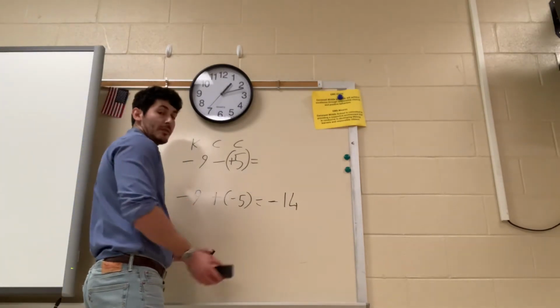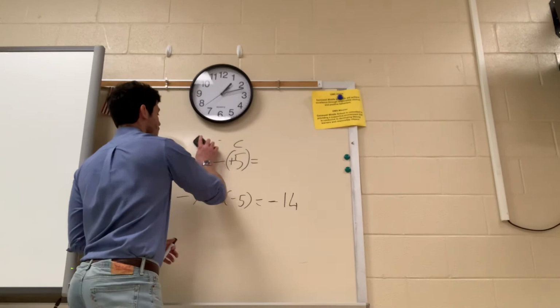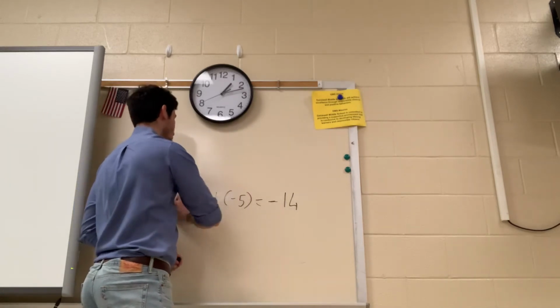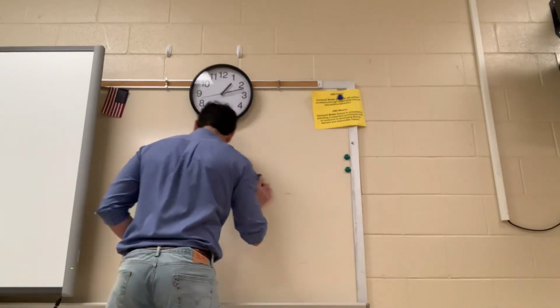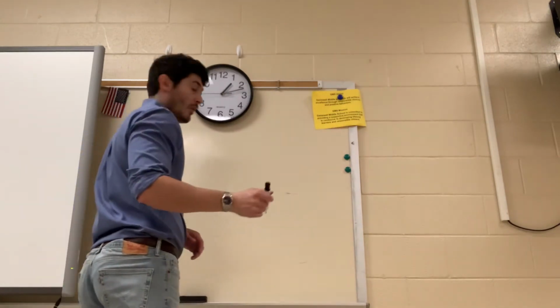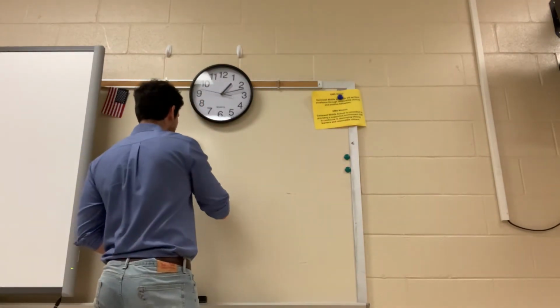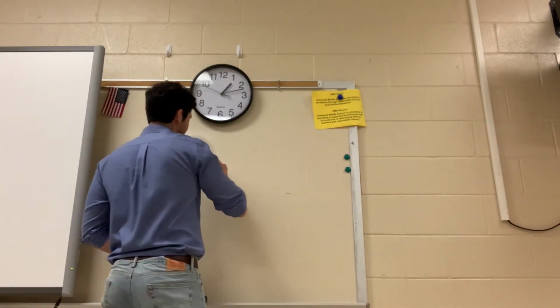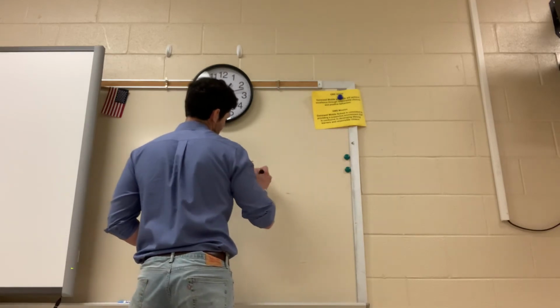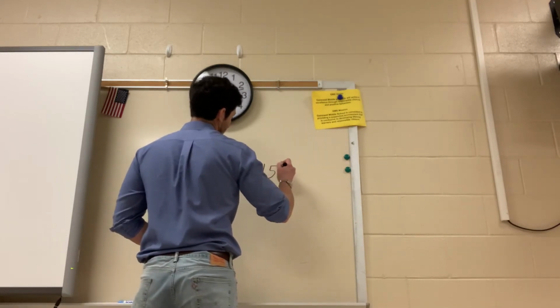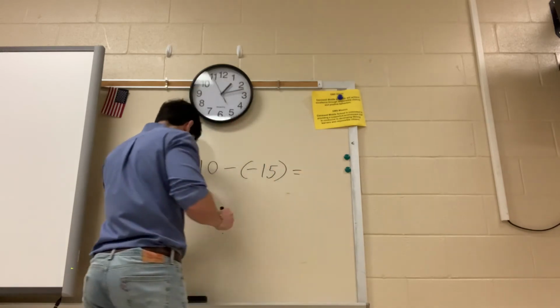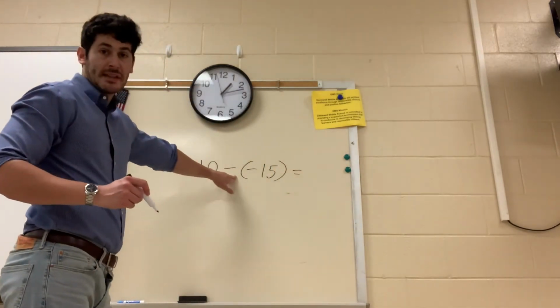So again, for subtraction, we use the KCC rule, which stands for keep, change, change. One more. Negative 10, take away negative 15. So once again, I'm subtracting.